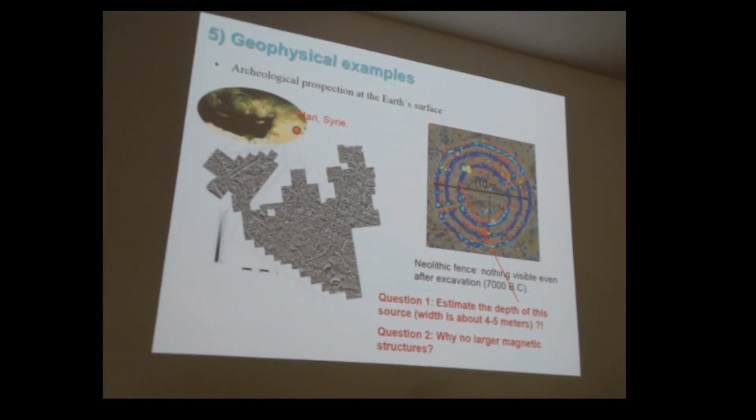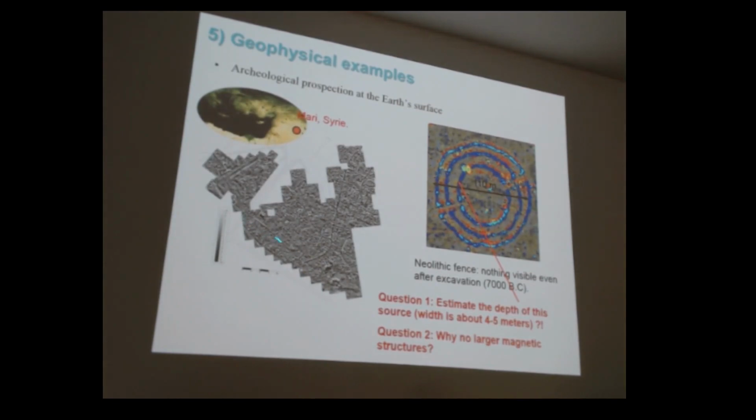And this is a very beautiful picture, especially because we are not close to going back to Mari in Syria again. This is a big city, Mari, from like 4,000 or even 5,000 years before now.